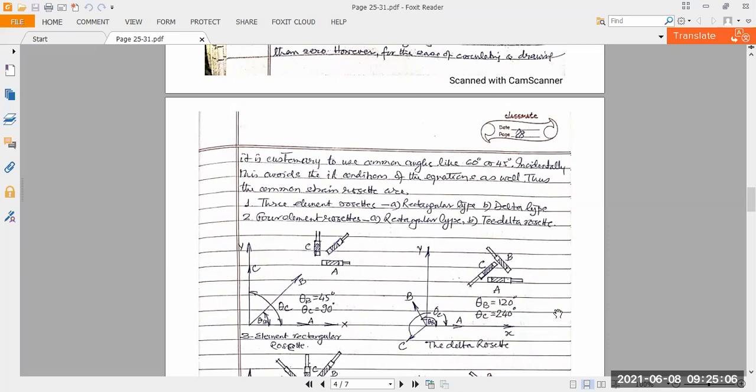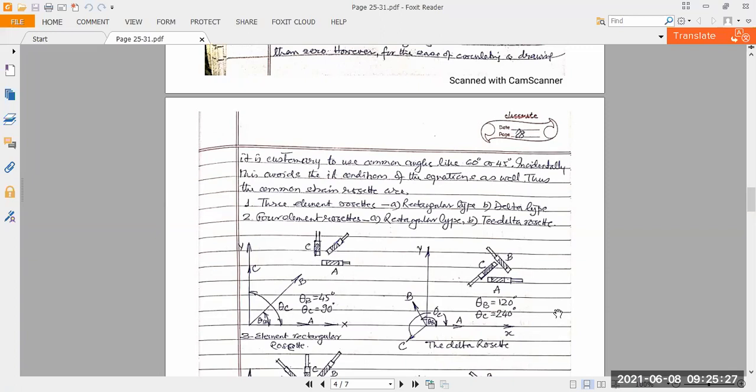It is customary to use common angles like 60 degrees or 45 degrees. Essentially, this simplifies the conditions of the equations as well. So we should keep a common angle between the strain gauges, like 60 degrees or 45 degrees.